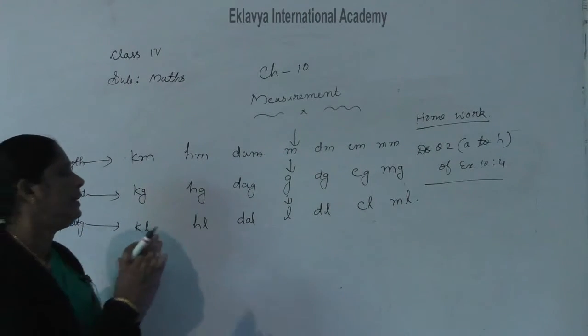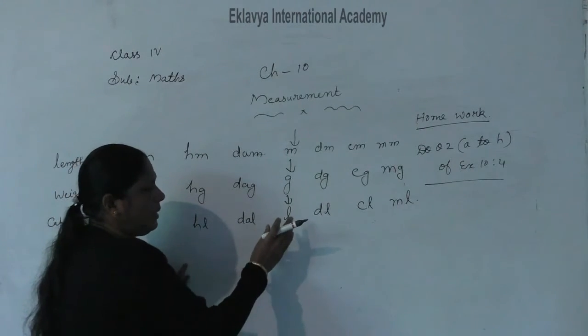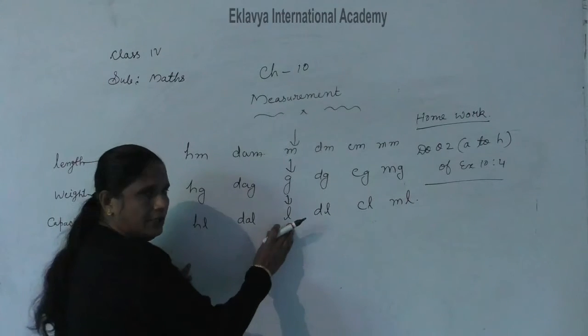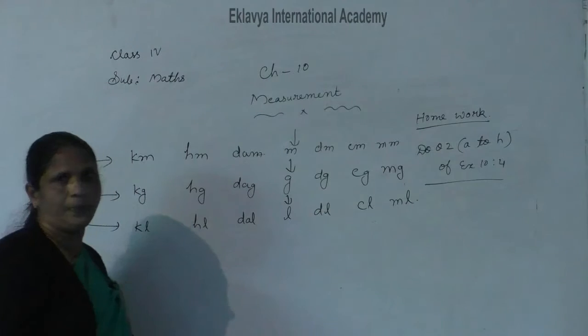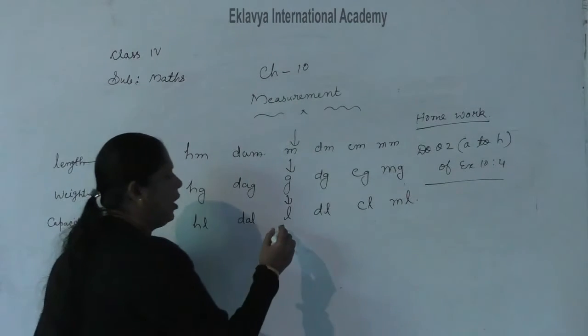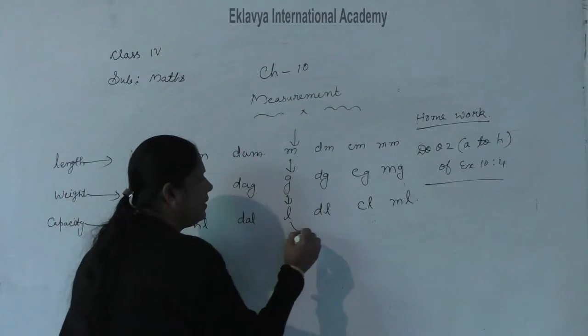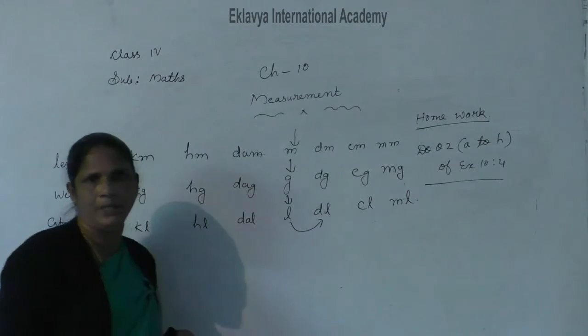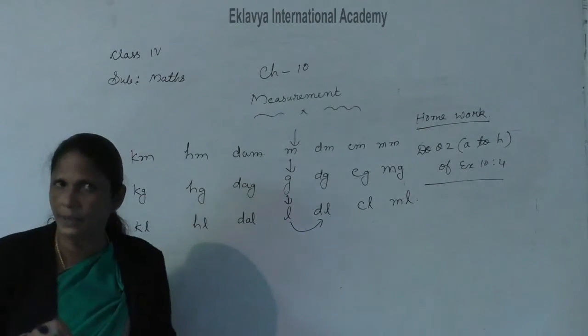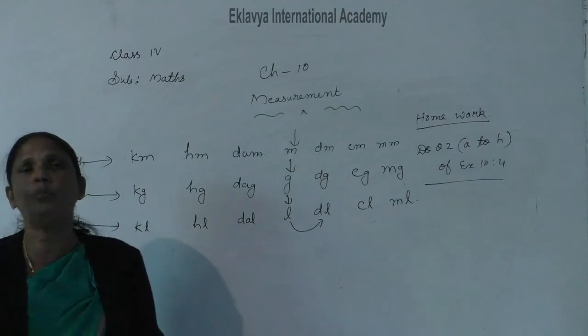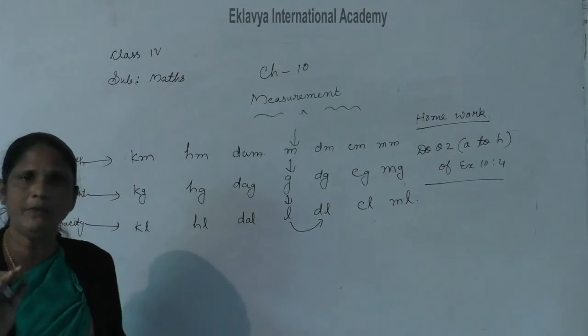Suppose we convert liter into deciliter. Liter into deciliter, how many steps? One step we jump. Bigger to smaller, we multiply. Smaller to bigger, we divide.